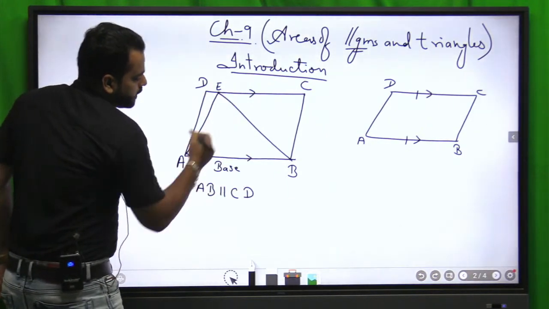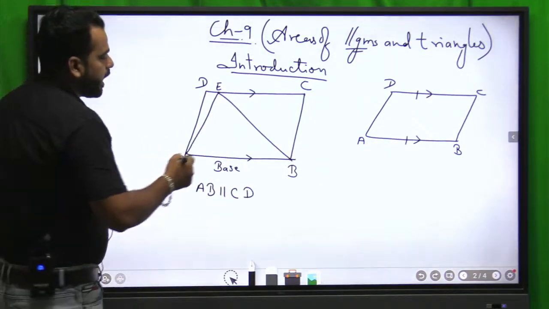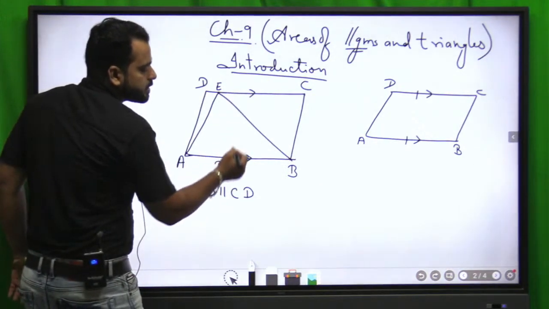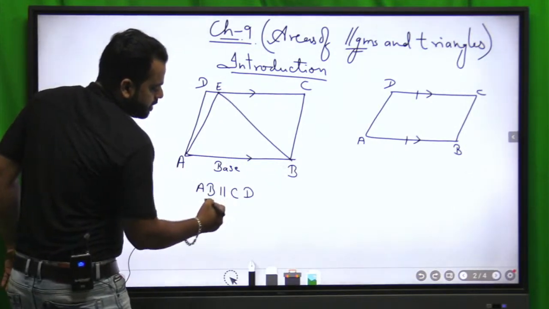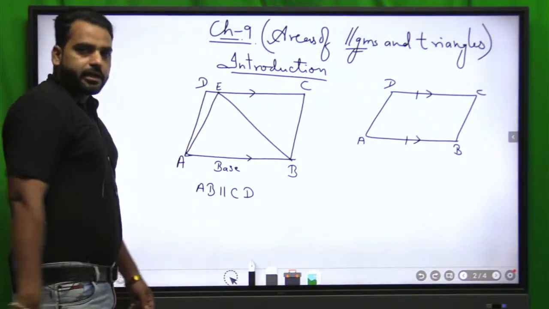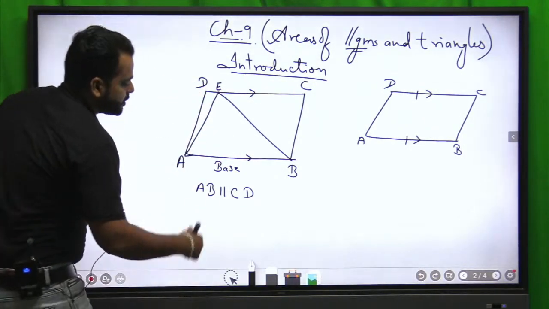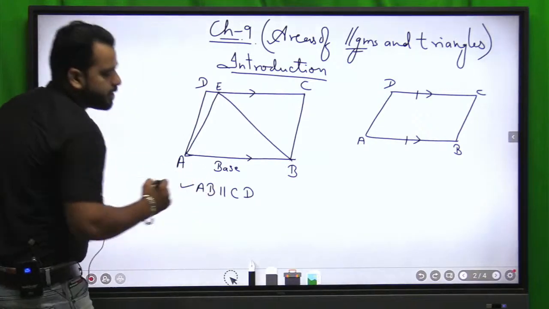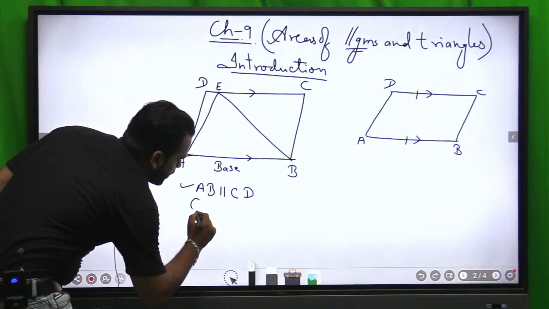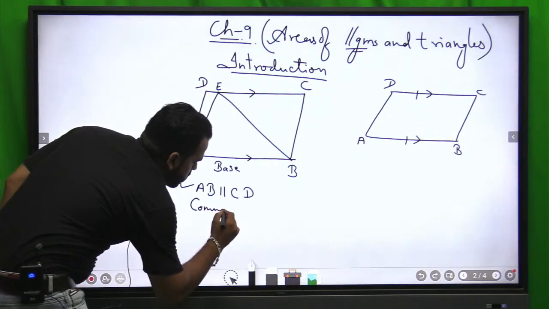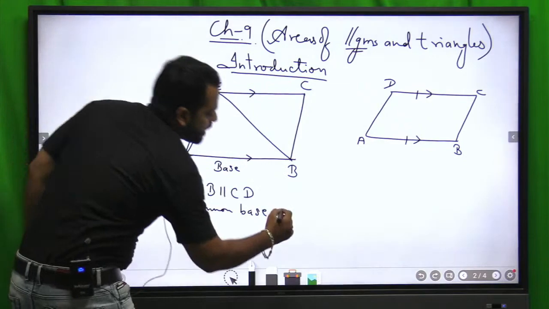So the figures are situated on the same base, which is AB, and between the same parallel lines. Look at this: AB is parallel to CD, and both figures lie between these parallel lines. So we can say that they have the common base AB.